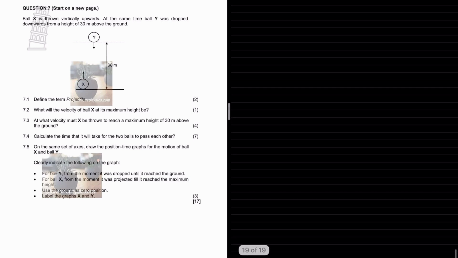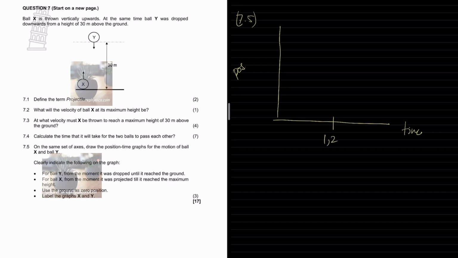Now question 7.5. On the same set of axes, draw a position time graph for the motion of the ball of x and y. So we're going to have here position, time. They pass one another at 1.24 seconds. X starts on the ground, and they tell us to use ground as 0.